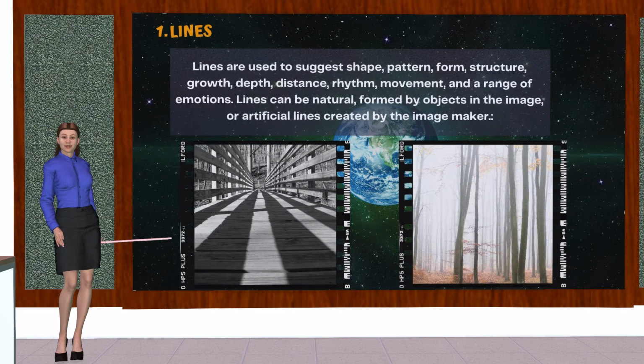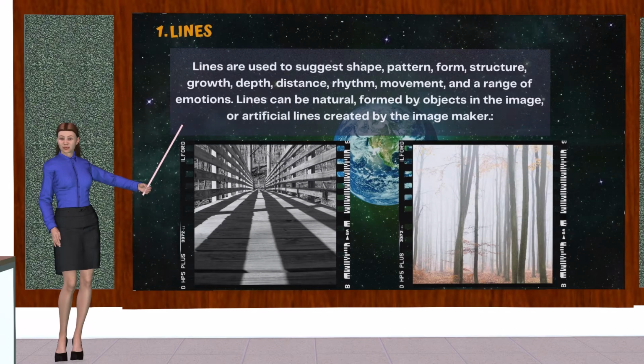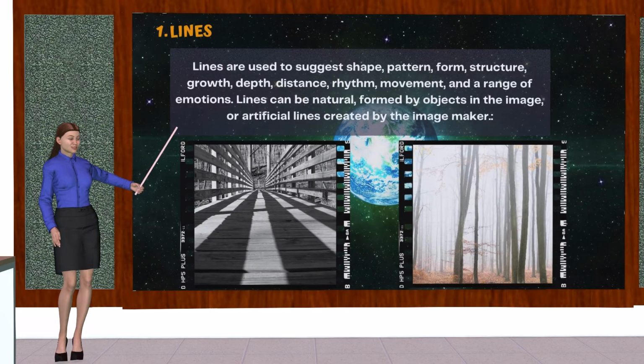Lines are used to suggest shape, pattern, form, structure, growth, depth, distance, rhythm, movement, and a range of emotions. Lines can be natural, formed by objects in the image, or artificial lines created by the image maker.